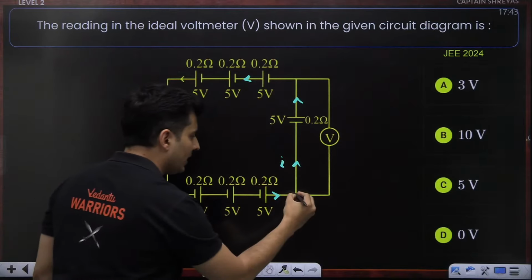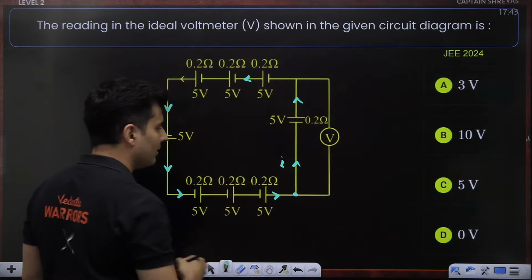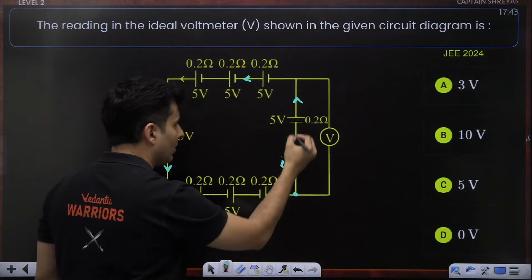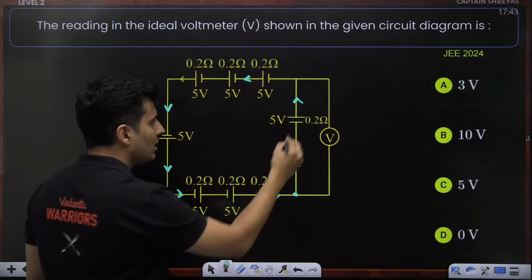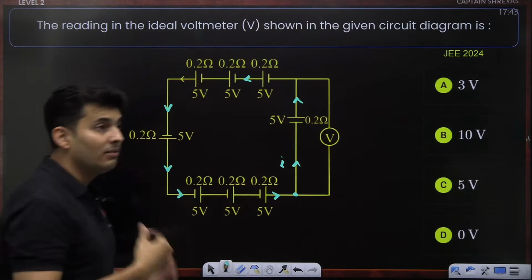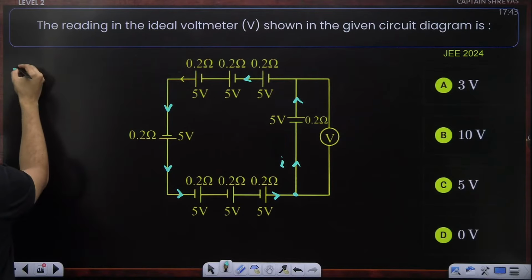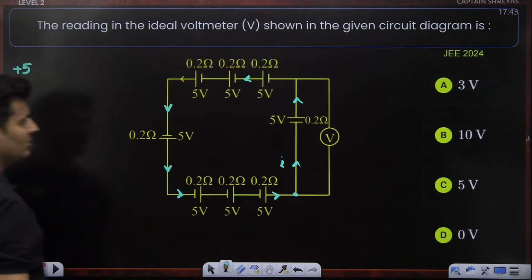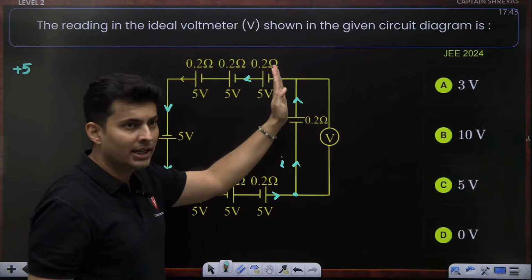If I apply Kirchhoff's law, starting from here, going like this and coming back over here, I encounter this battery with some internal resistance. Going from negative to positive, I'm jumping in the voltage, so it will be a jump of plus 5 volts. But at the same time, I'm going through a resistor in the direction of the current.